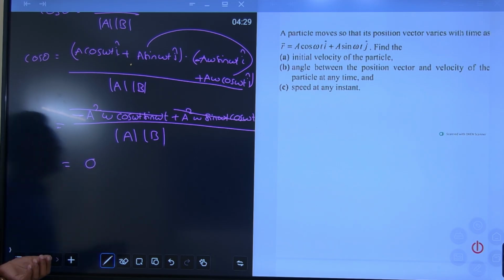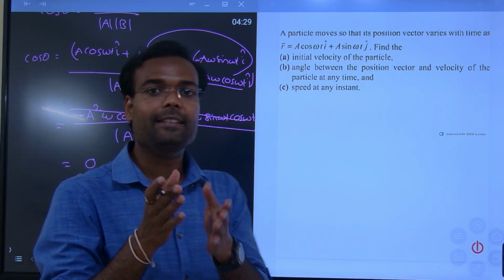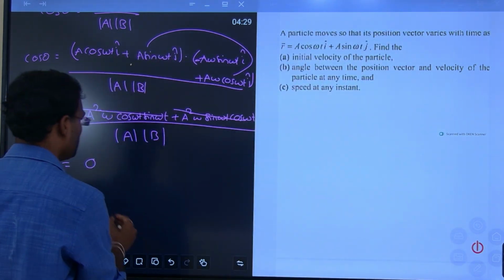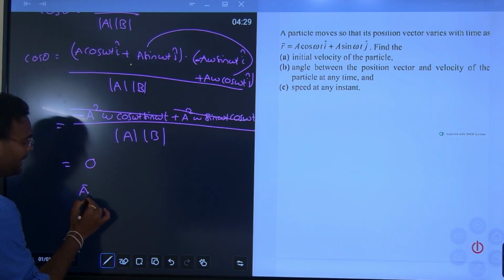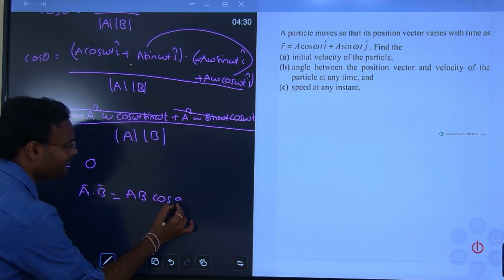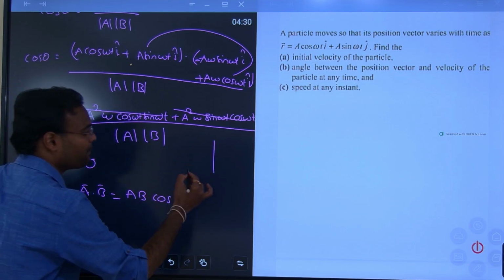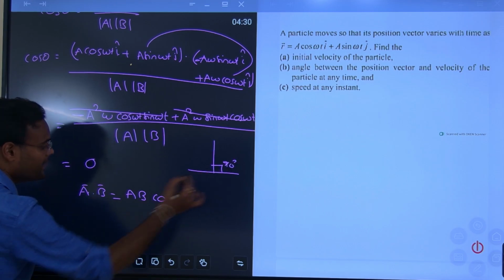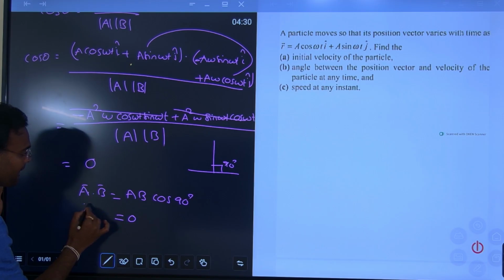Ultimately it gives 0. When the dot product of two vectors is 0, they are perpendicular to each other, since a dot b equals ab cos 90.